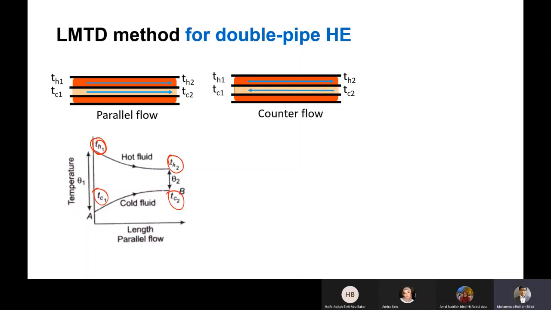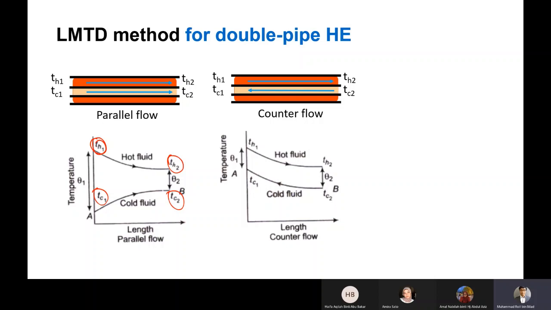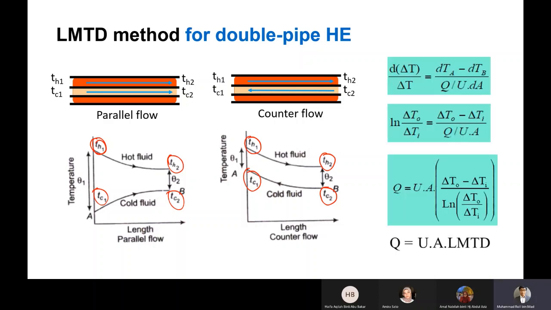In the counterflow, we can also do the same thing. You see here the T_H comes in at the highest temperature and goes to T_H2, and then T_C goes through this counterflow from point B to point A to T_C1. So which one is the log mean temperature difference? There is a different notation between the two.